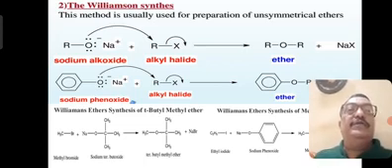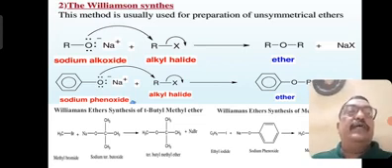Then what happens? The lone pair of electrons on oxygen shifts to the alkyl group, and there is formation of an ether ROR plus NaX, sodium halide. So sodium alkoxide plus alkyl halide RX, when treated in dry conditions, yield ether. This reaction you have already learned as the Williamson ether synthesis.